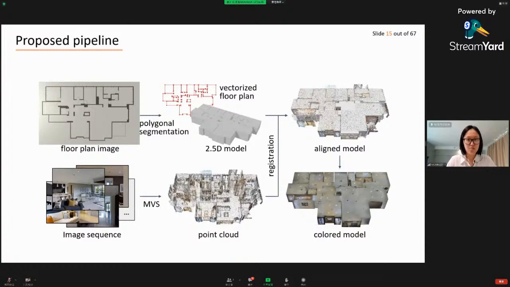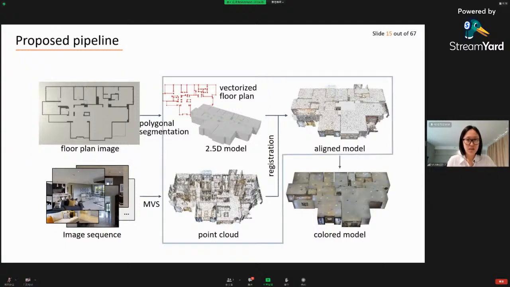There are two main contributions of my thesis. The first is a polygonal image segmentation method that is capable of vectorizing a floor plan image. The second is a multimodal registration method that registers a polygonal mesh and point clouds of different scales.